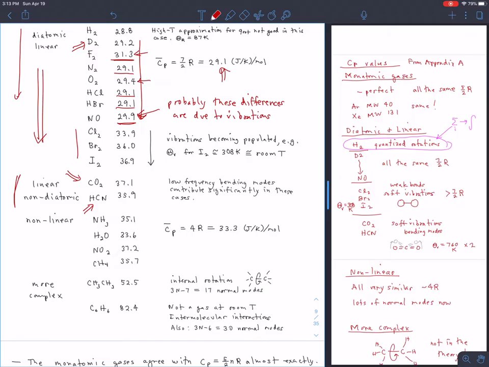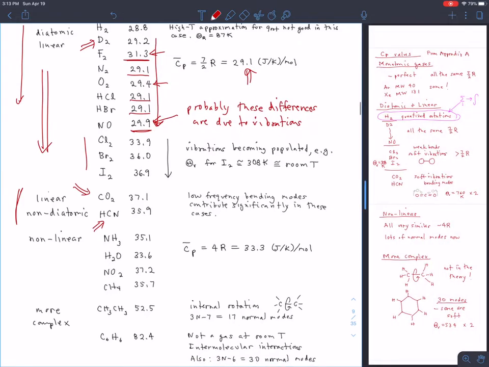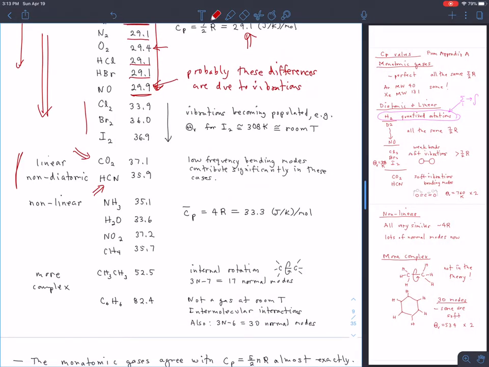So let's just write down the normal modes for CO2, for example. So for CO2, the normal modes, remember, are a symmetric stretch, an asymmetric stretch, and 2 bending modes, one that's in the plane and one that's out of the plane.